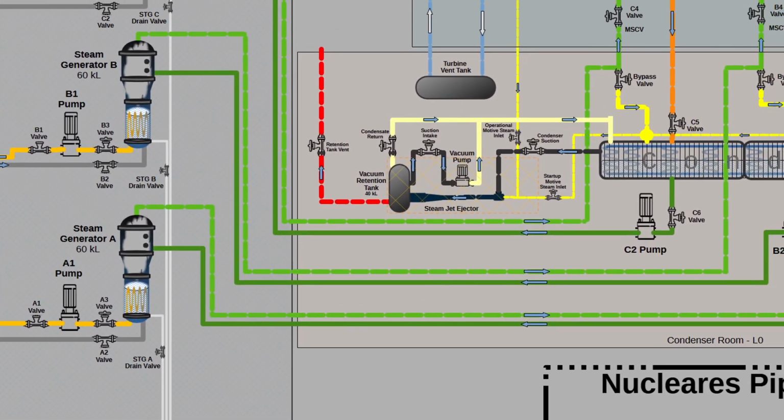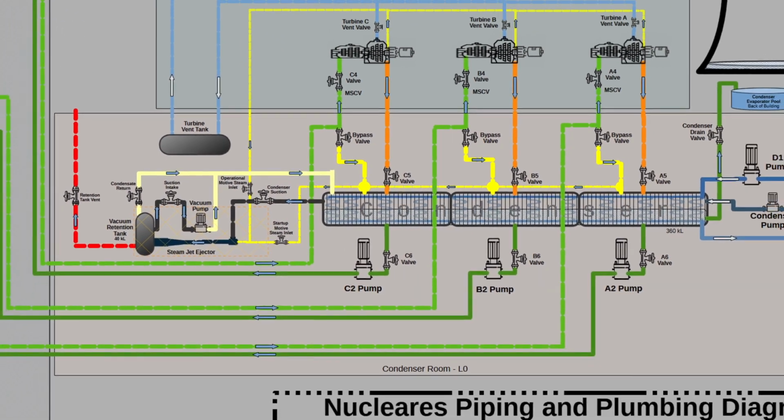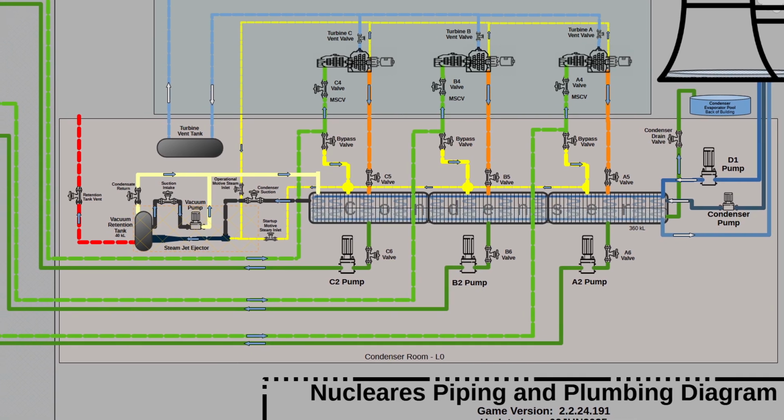So obviously we got the vacuum retention tank here. Then we got the condensate return valve, which goes into the condenser along with the vacuum pump, which also connects to the same pipework that would go into the condenser.